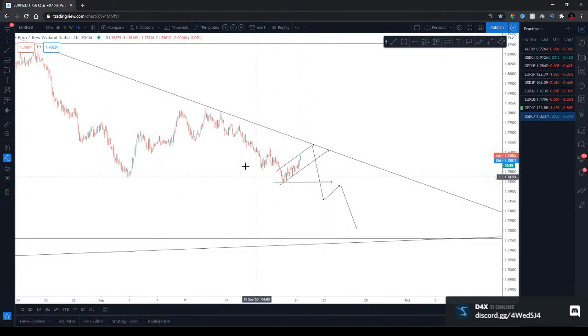This move here isn't really aggressive or impulsive, and I like better movement of price before entering on any of those. So that's what I'll be waiting for.